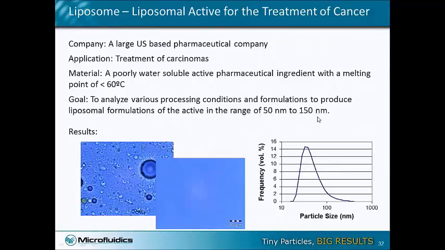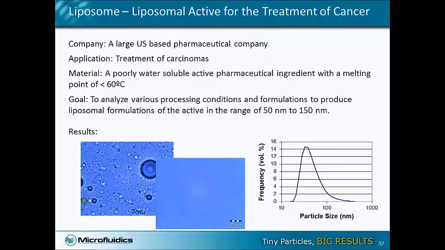You can see this is the unprocessed sample with some large droplets. And after processing, you can't visually see the particles here because they're all much smaller. The distribution showed that they are within the requirements of this test, and we're able to achieve the desired results, which means creating liposome particles with satisfying particle size.